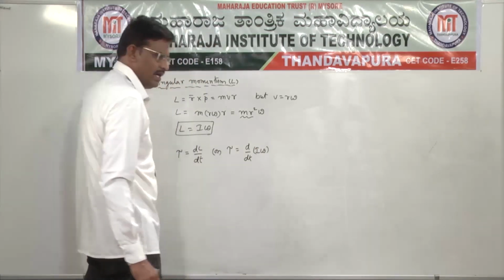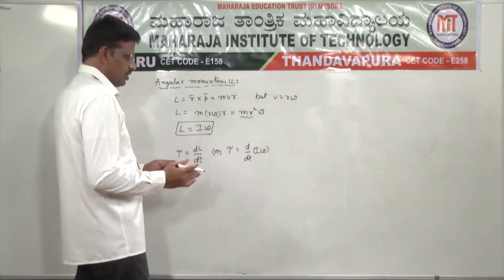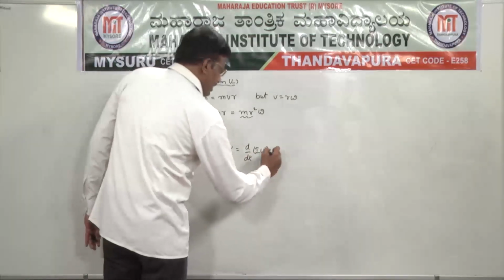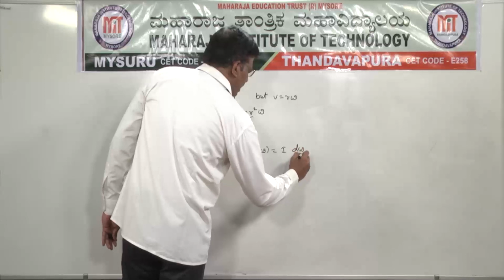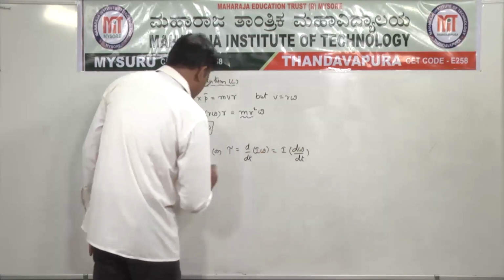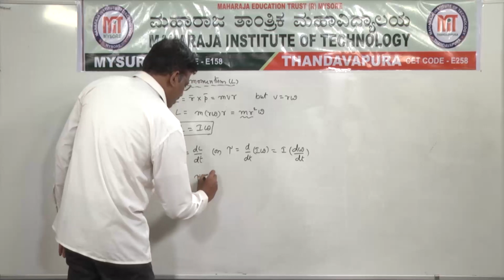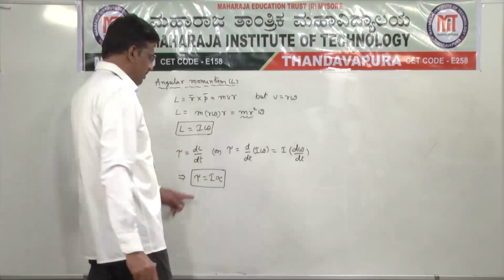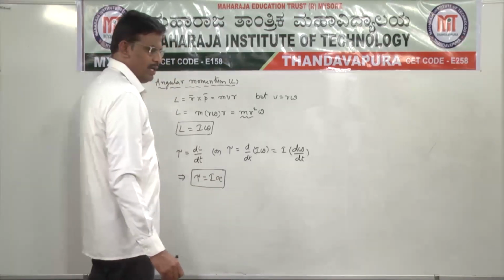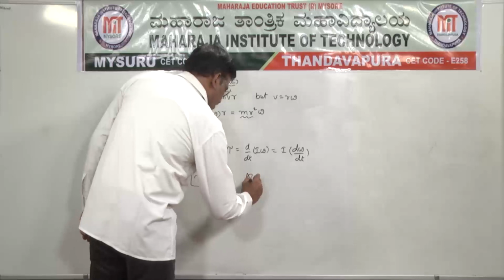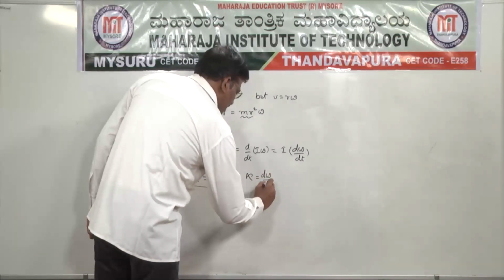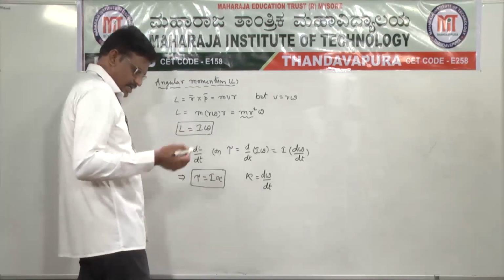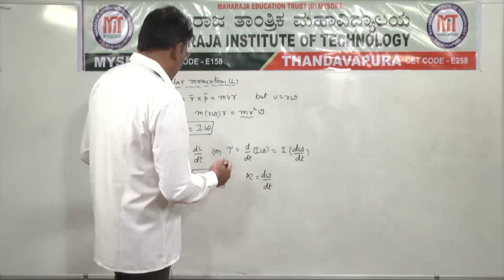I is constant as long as the mass distribution or axis does not change, so we can write I into d omega by dt. d omega by dt is alpha, so torque tau can also be written as I into alpha, where I is the moment of inertia and alpha is the angular acceleration. Omega is angular velocity, d theta by dt. Theta is angular displacement.